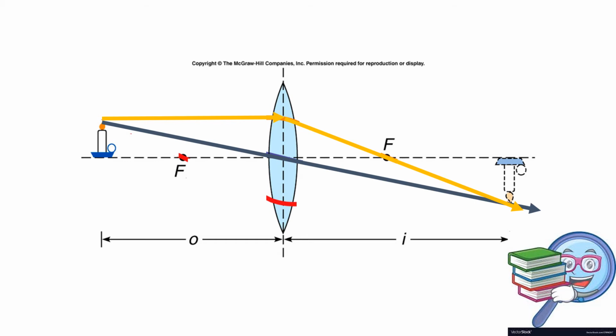When a light ray coming from the object passes through the virtual focus and enters the convex lens, it will be refracted parallel to the principal axis. The point where the three refracted rays meet is where the image is formed.